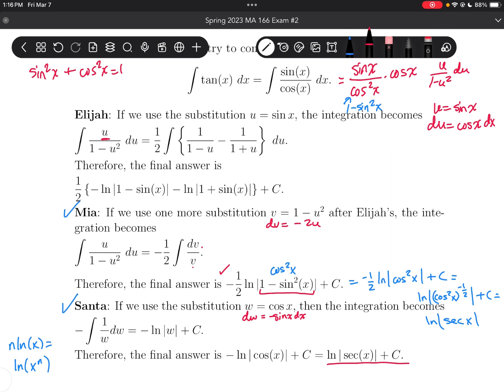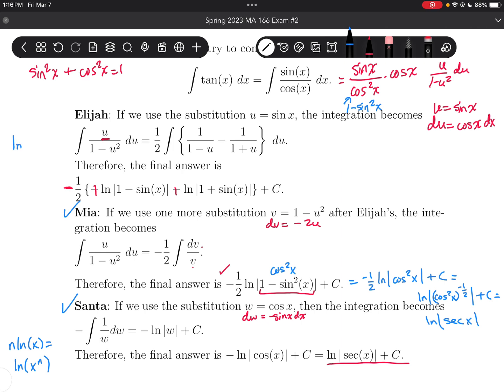Now moving on to Elijah's answer. In this case, I'm going to first factor out this minus sign and make this a plus and a plus. Now we need to remember a second property of logarithms.